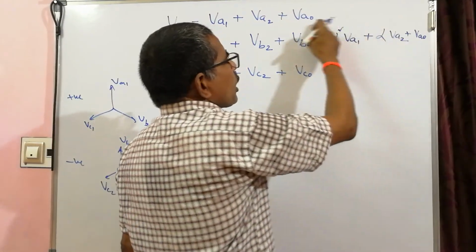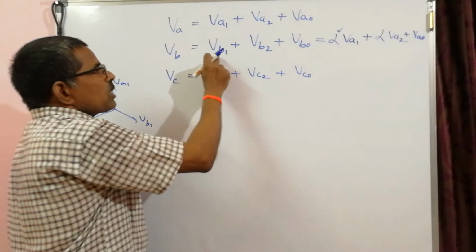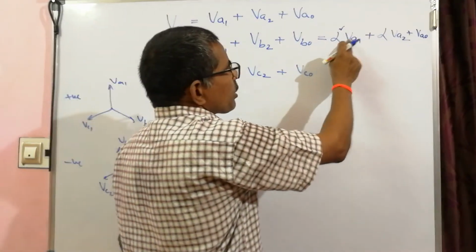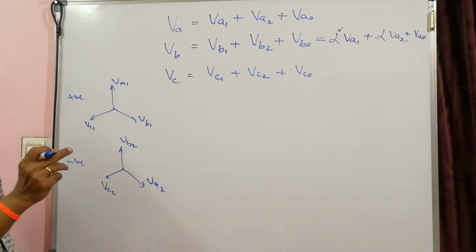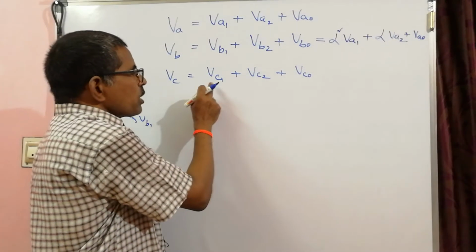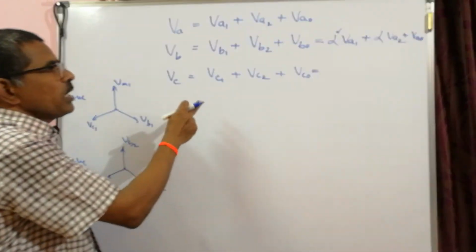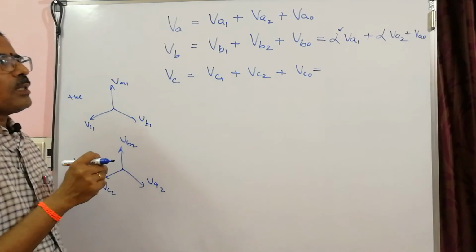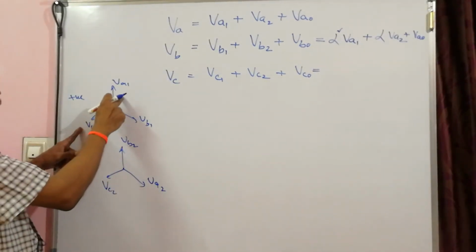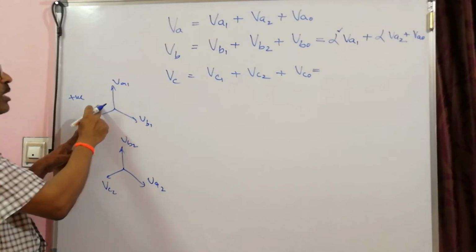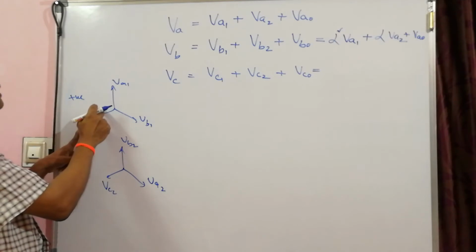Okay, and VA0, VB0, VC0, they are same. So, I am rewriting this VB1, VB2, VB0 as alpha square VA1 plus alpha VA2 plus VA0. Then VC, which is VC1 plus VC2 plus VC0. Similarly, you can refer this in terms of VA1, VA2, VA0. So, what is VC1? You see here, with respect to VA1, it is alpha times, in counterclockwise direction, it is only 120 degrees displacement.